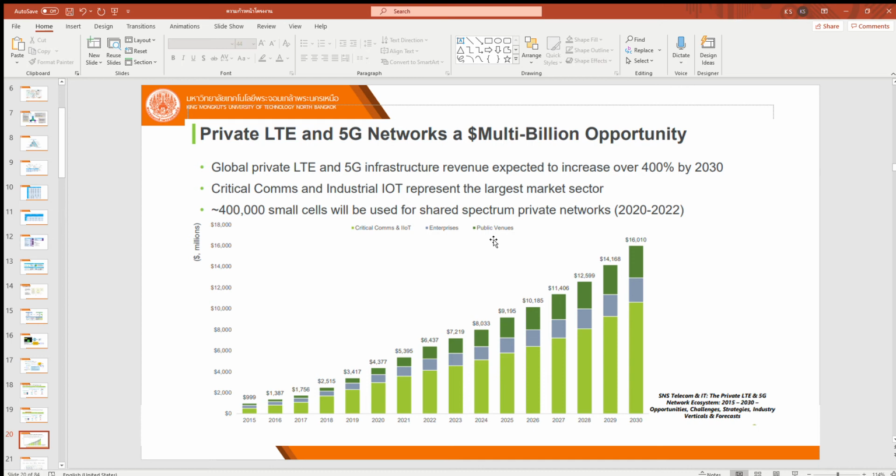So we approximate that the 5G infrastructure is going to increase by about 400% by 2030. And then we're going to have 400,000 small cells used for private networks in 2022. That means in the next year.